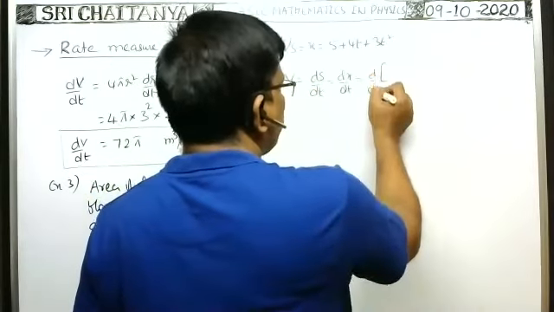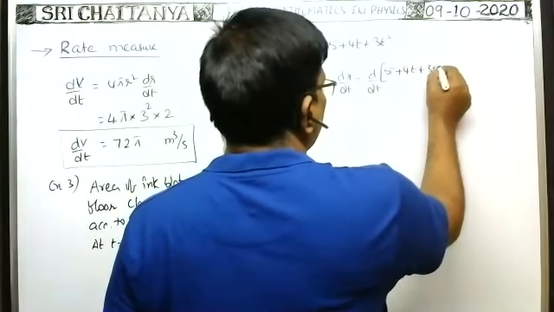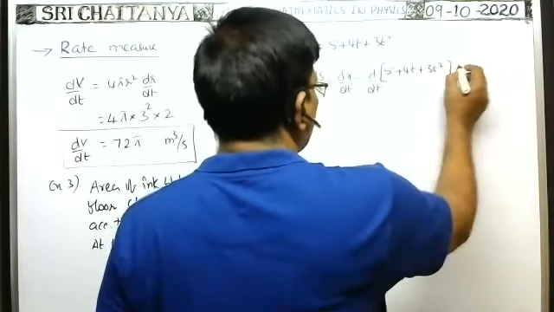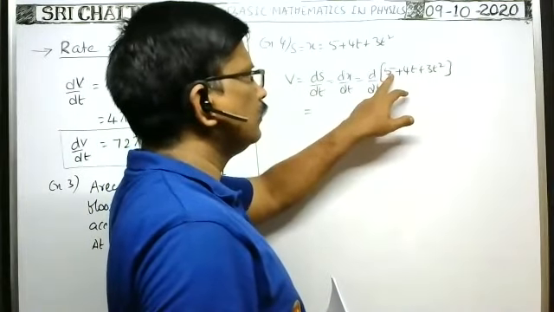So dx by dt means d by dt of 5 + 4t + 3t². Now tell me what you will get after differentiation.